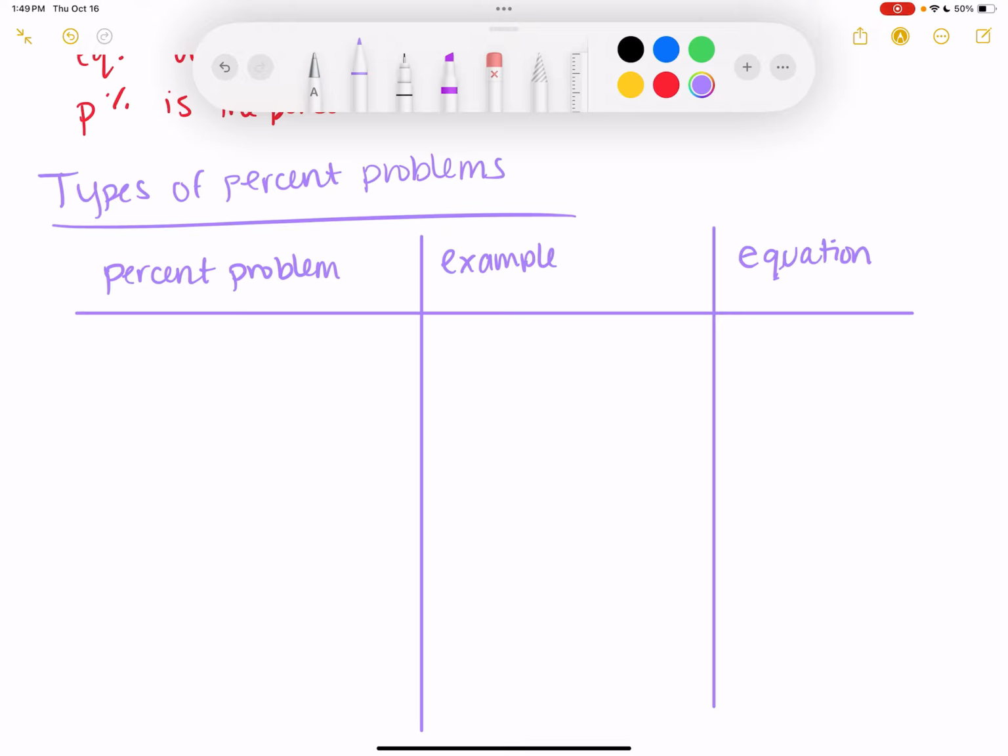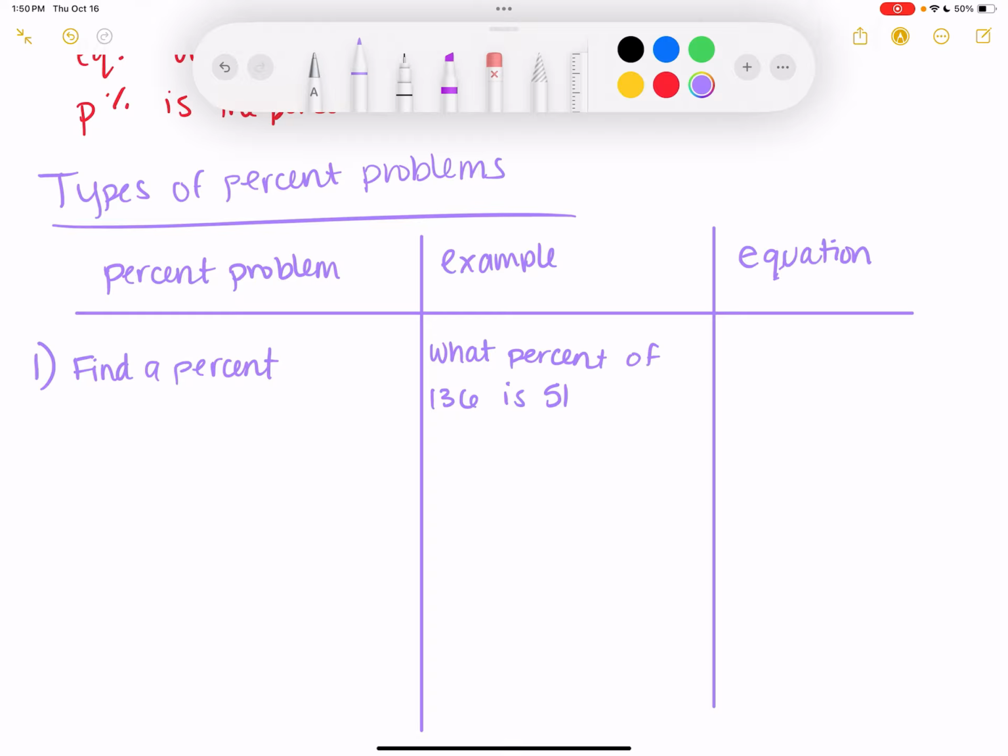If we are told to find a percent, an example would be something like, what percent of 136 is 51?